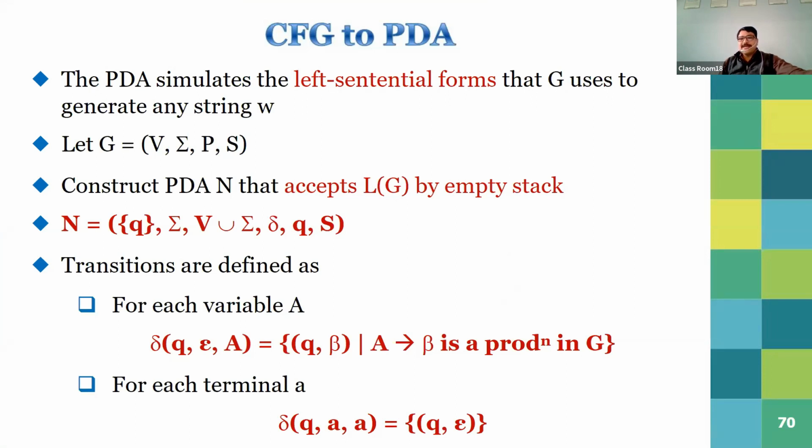As we know, PDA is the automatic machine that is used to accept a context-free grammar. So now we have to give a relationship between the context-free grammar and PDA.